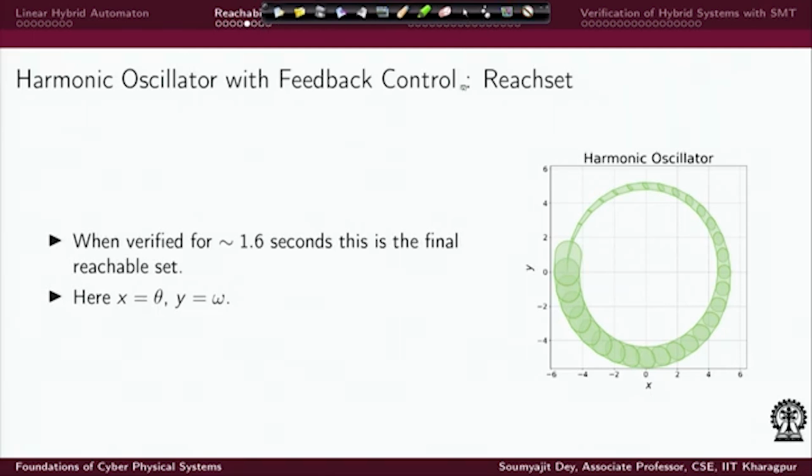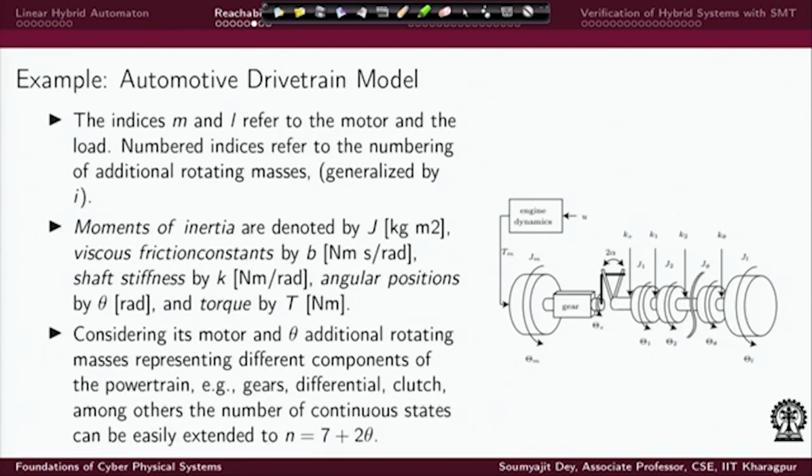No. You can actually use this tool for more important kinds of applications also. For example, this is an automotive drivetrain model. If you see, you have this kind of a gear mechanism which is connecting through these two levers, and it is going to engage each of these gears here, right.